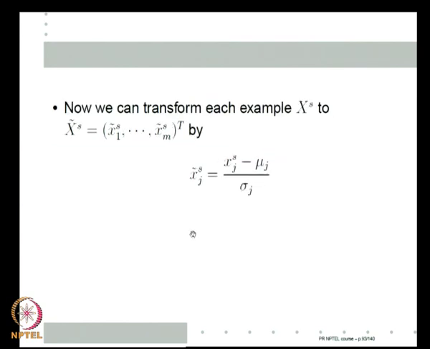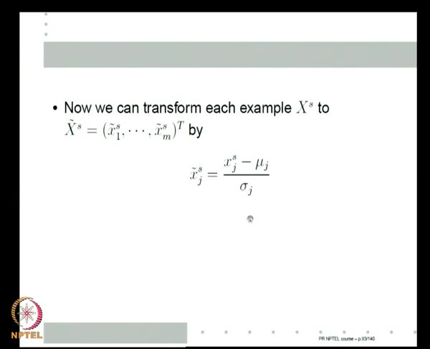Once I do that, I can transform the original example xs to a new example xs tilde, so that each component becomes tilde. So, the tilde component xs tilde j has become xj minus mu j by sigma j. Sigma j is of course the square root of sigma square j. As you know, because xj has mean mu and variance sigma, xj tilde will have mean 0 and variance 1.